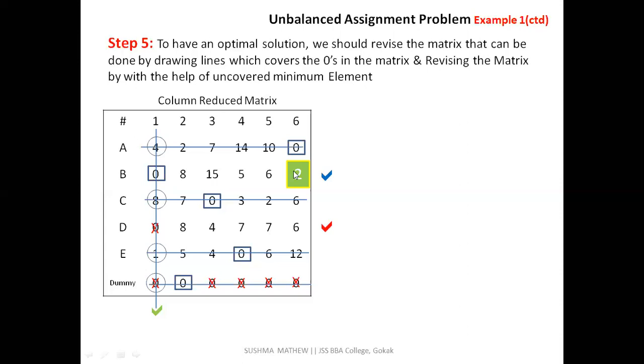I have written here. So revising the matrix with the help of uncovered minimum element. Wherever intersections are there I am adding this 2. Wherever there are no lines, that means where there are certain numbers where the lines are not covered. So those are called uncovered elements. There I am deducting. So when I do that, when I apply that concept, our matrix look like this.